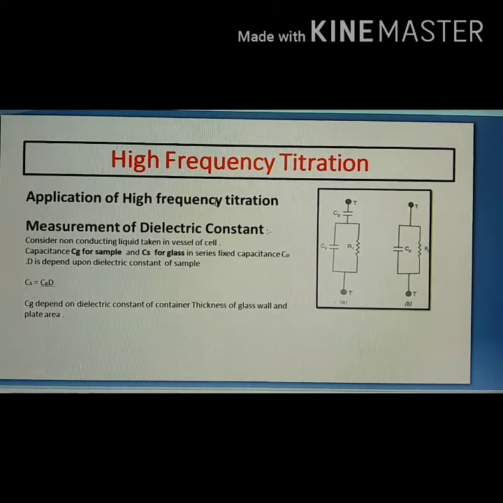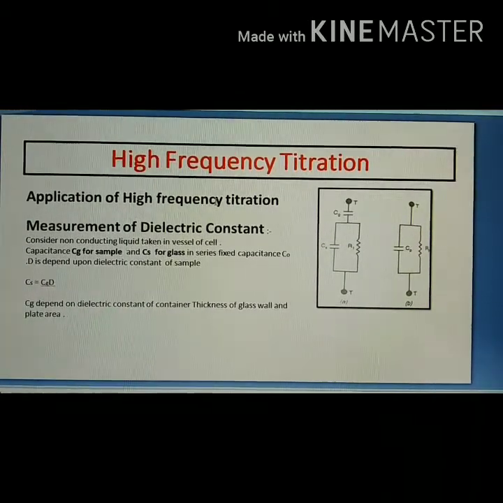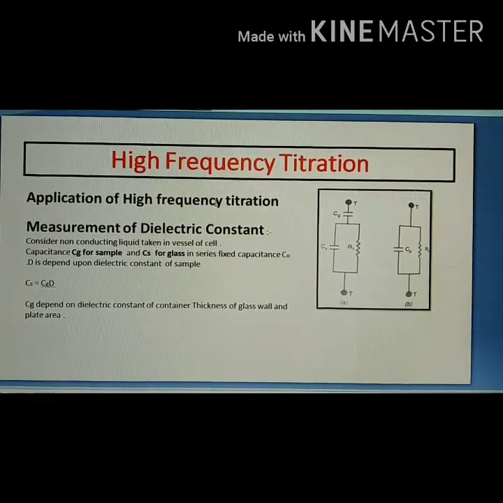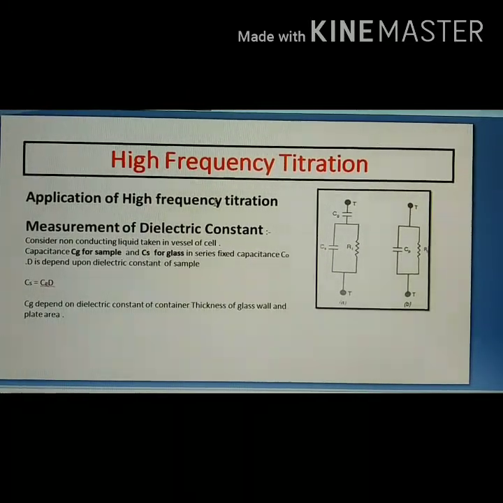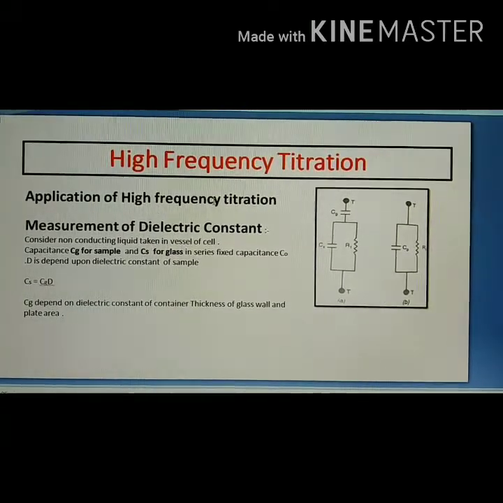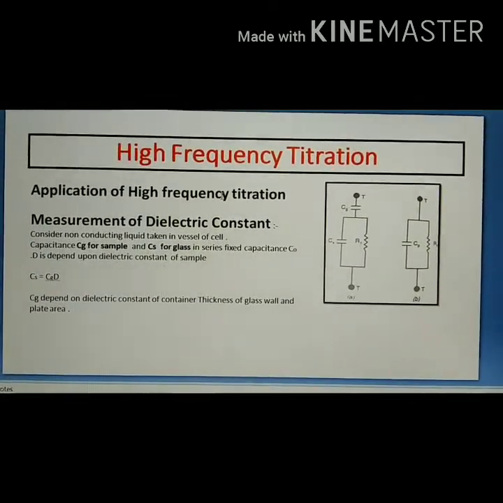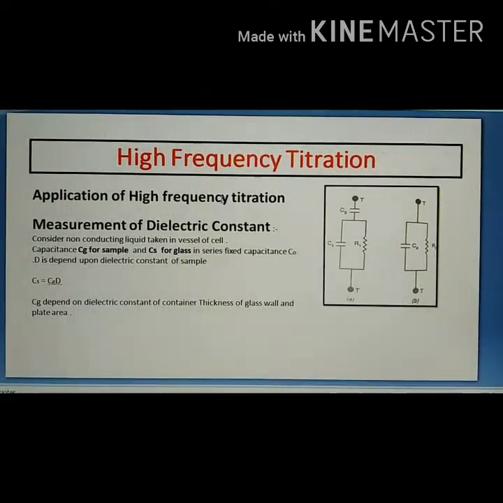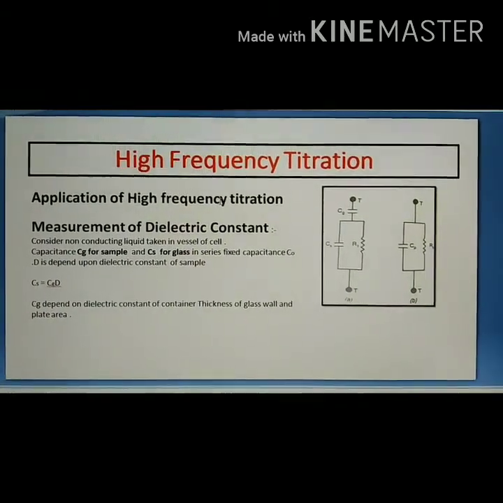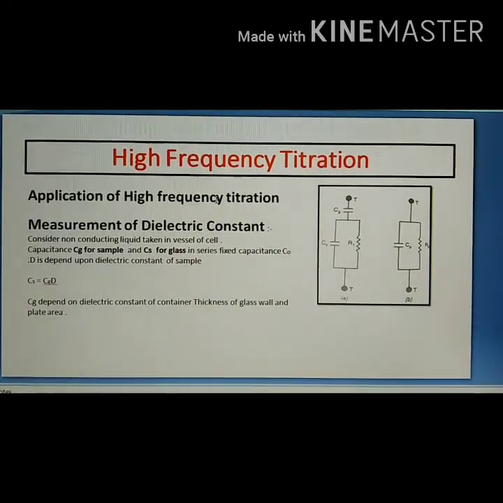These are connected in series with fixed capacitance Co. D is the dielectric constant, and Cs is equal to Cg multiplied by D. Cg depends on the dielectric constant of the container, that is, the thickness of the glass wall and plate area. So the measurement of dielectric constant is very important.